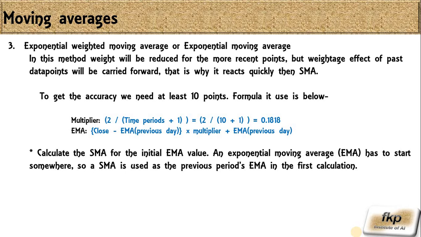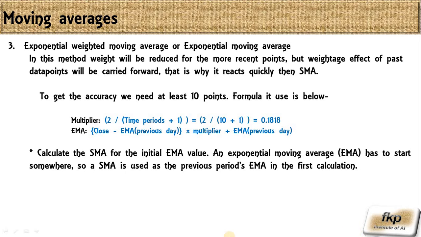That is why it reacts more quickly than the simple moving average, but not as quickly as the weighted moving average. You got my point, right? We apply more weight on the initial data points, and for the recent data points we minimize the weight, but the weightage is carried forward, so that we get some quicker action when we compare to the simple moving average.